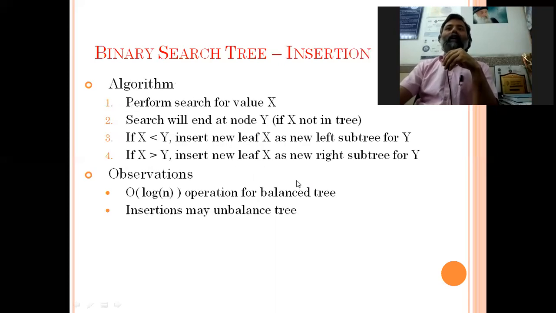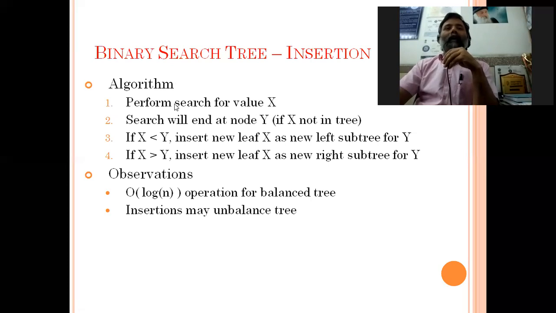Now, insertion. Firstly, we will discuss the procedural algorithm and then an example. So perform a search for value X. In the last lecture, I talked about how we can search a node in a binary search tree. If you are not aware, then please see the previous video.